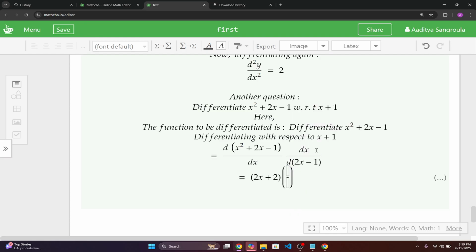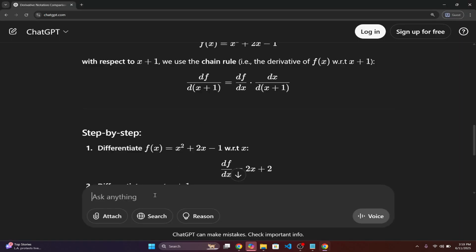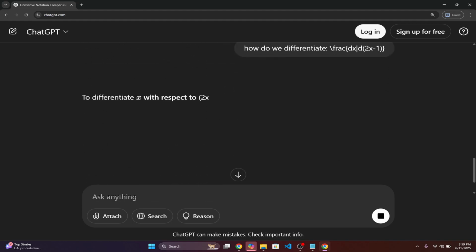So dx with respect to d of 2x minus 1. So now we have 2x minus 1, and we don't have any 2x minus 1 over here. So how do I differentiate this now? Let's see. How do we differentiate this?